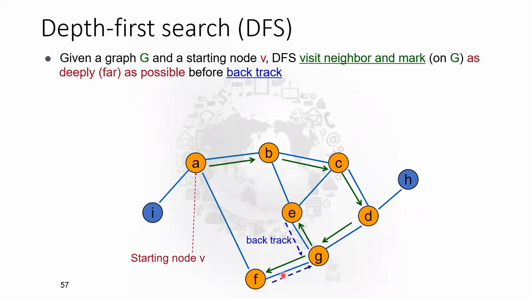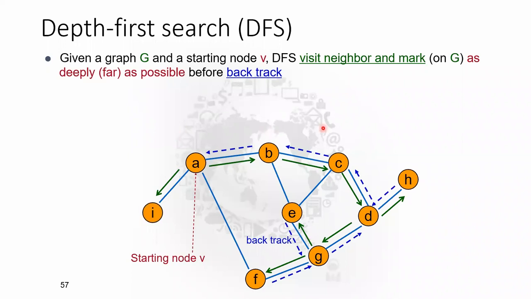It will backtrack from F and go to D. When it comes to D, it checks the adjacent nodes, C and also H. C I visited before already, but H no. So you proceed to H. H does not have any further nodes, so you do the backtrack. Come to A, it checks the adjacent nodes and only I is left. So it will go to I.